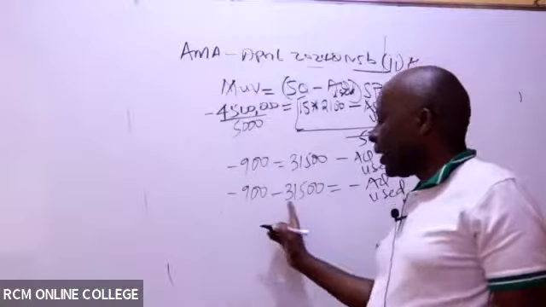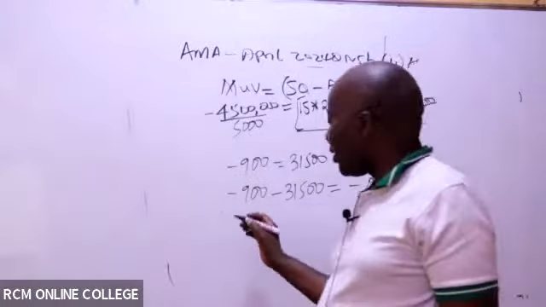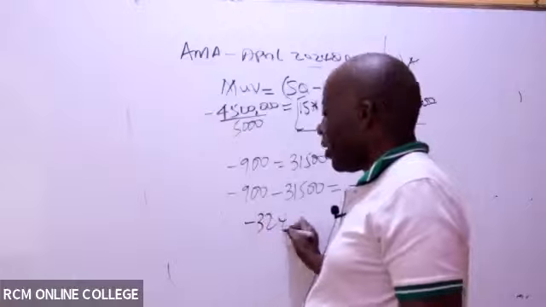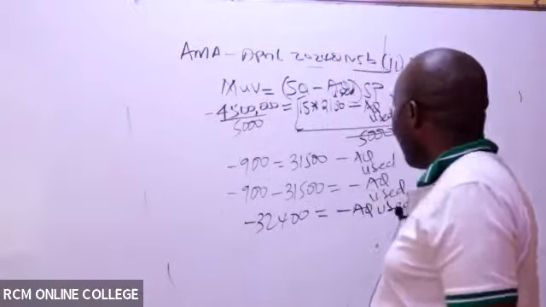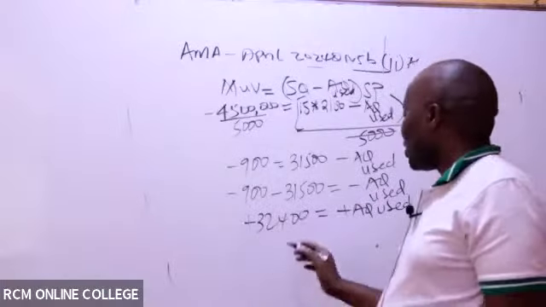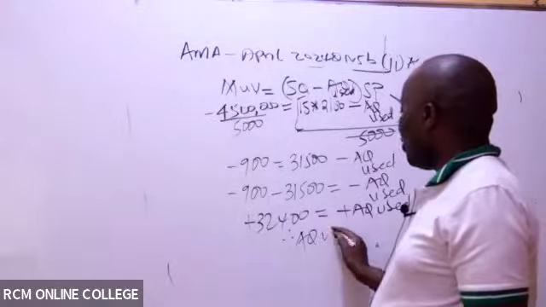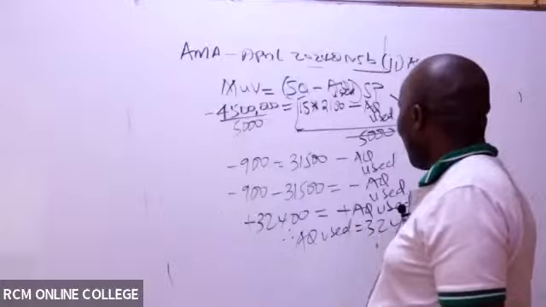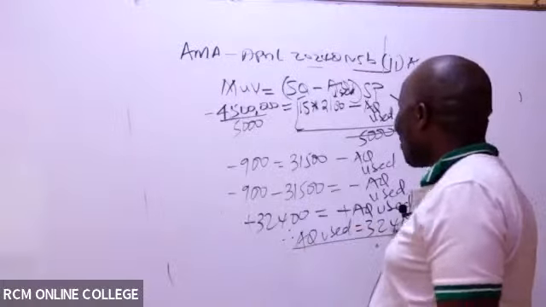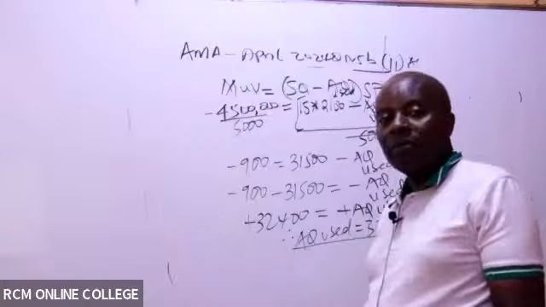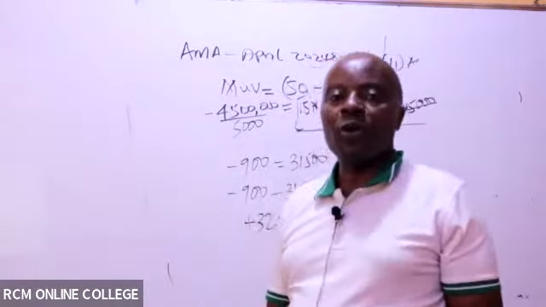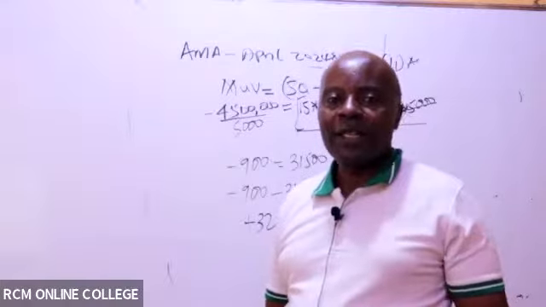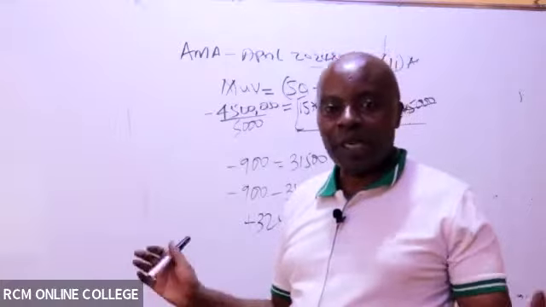This minus this gives me minus 32,400 equals minus AQ used. So the minus and minus cancel out. Therefore, the AQ used will be 32,400. And I stop my class there and ask you to finish the entire question. We see how far you'll be able to go with it. It's just one short hour, but I know I've done justice.